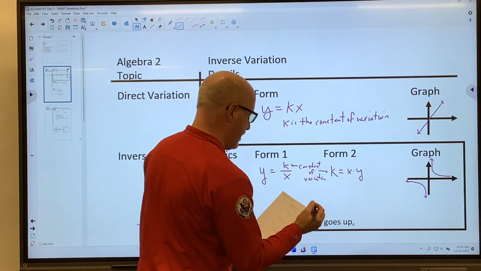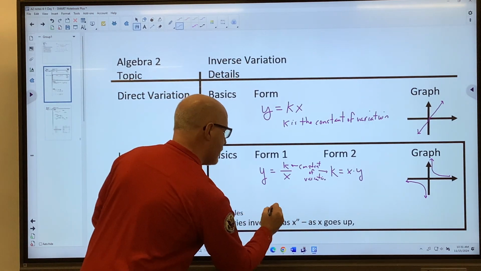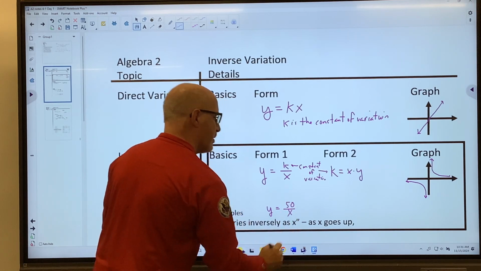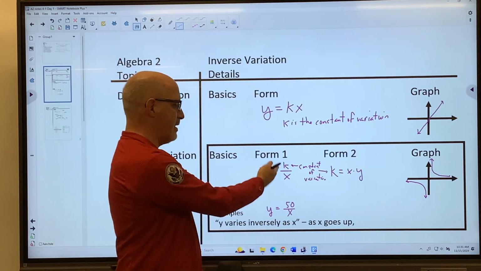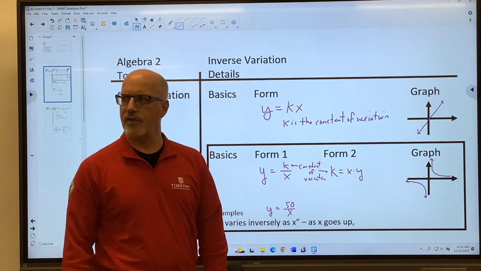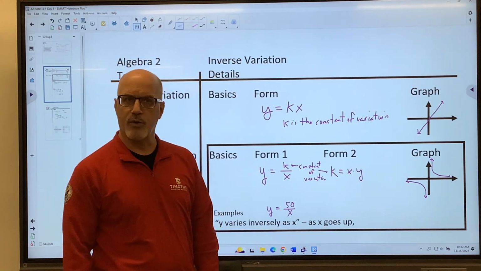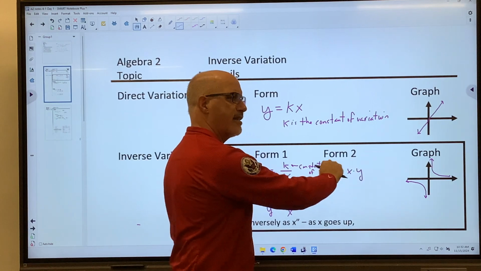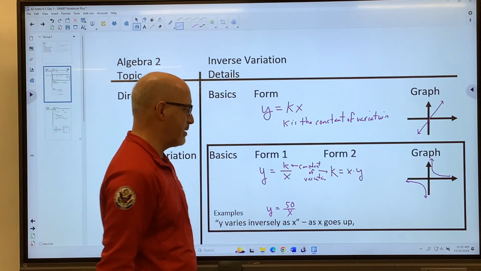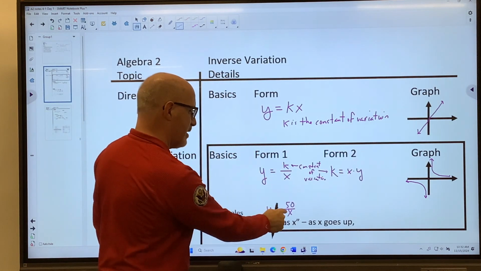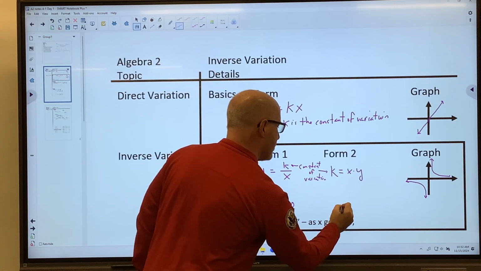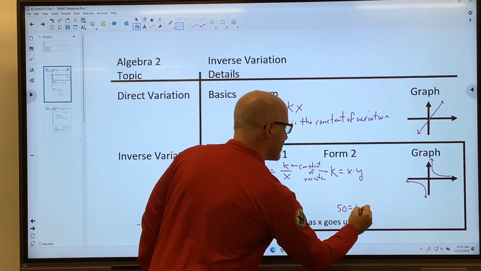All right, so a couple examples of what this could look like. One example is we just write y equals 50 over x. Okay, that would be an example of in this form of what the inverse variation would look like. If you graph it on your graphing calculator, you'll see this hyperbola look to it. Another way, if we multiply this by x on both sides, you'll get 50 equal to x times y.